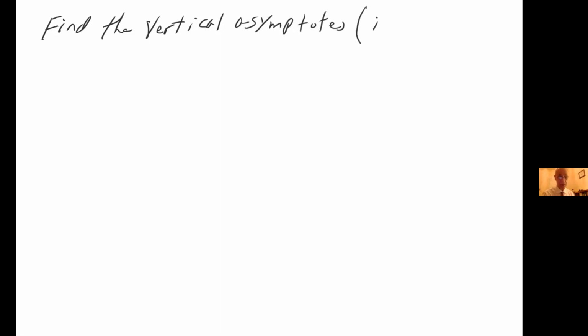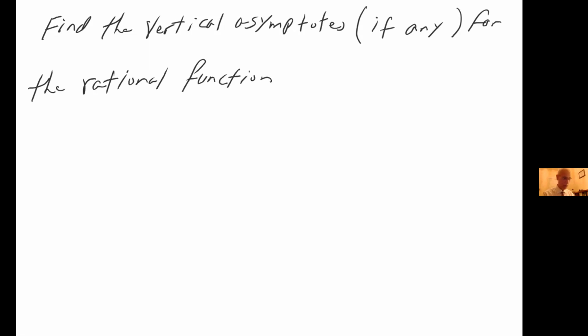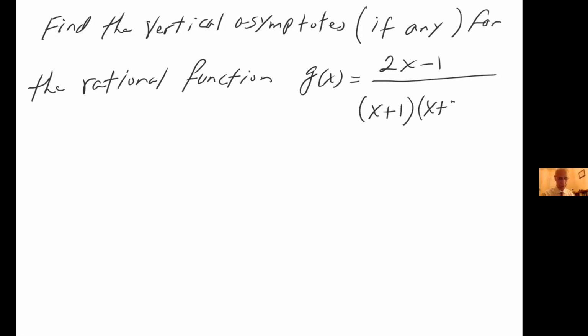Let's say find the vertical asymptotes, and of course I should put in parentheses if any, for the rational function g of x equals 2x minus 1 over x plus 1, x plus 3, and x minus 4.